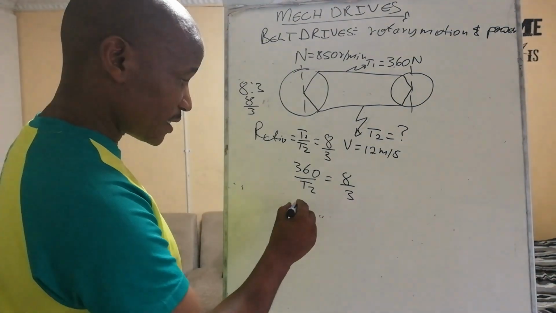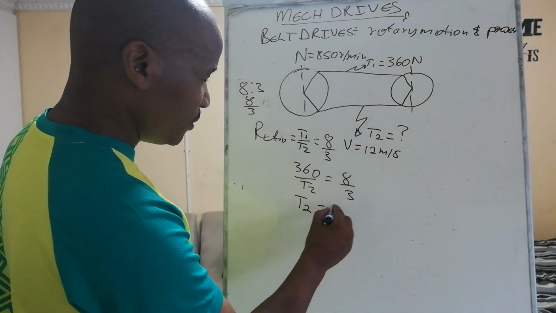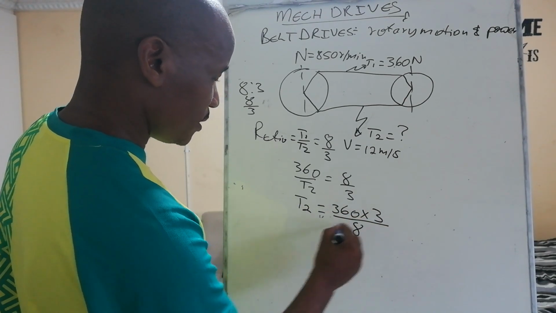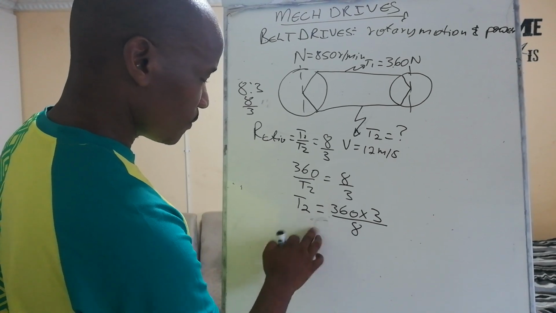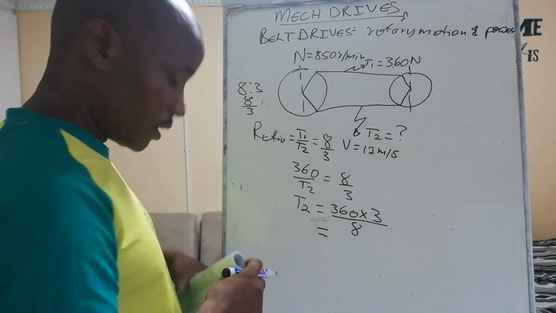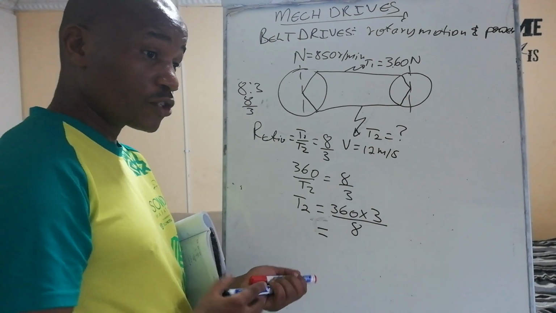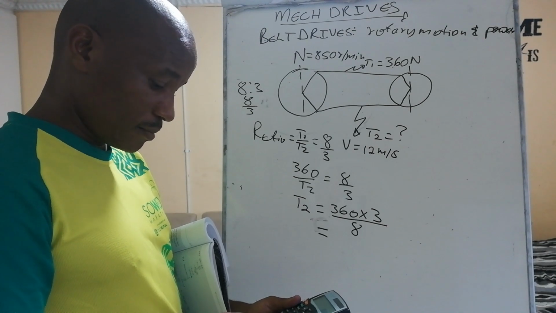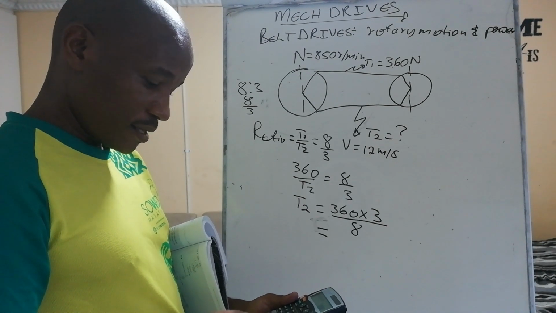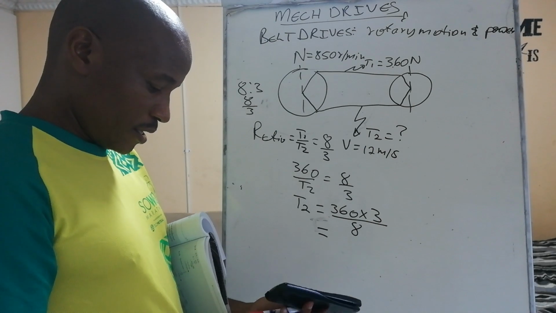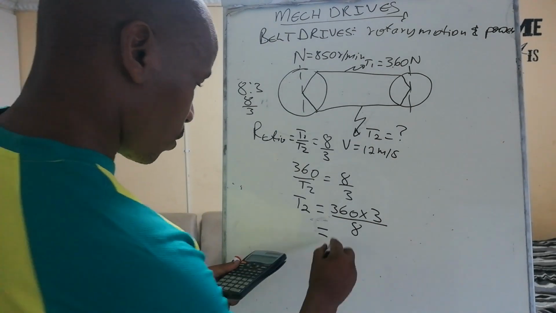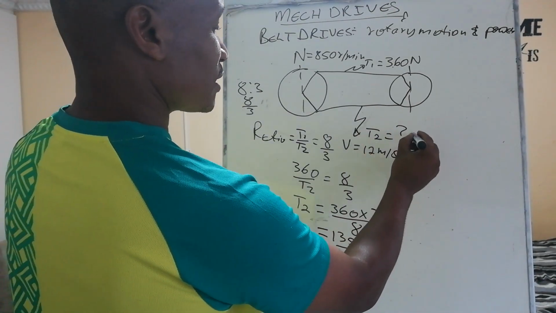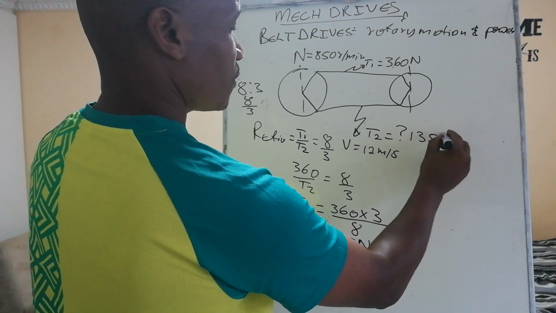Therefore, T2 will be 360 multiplied by 3 divided by 8, which on the calculator is 135 Newton. The tension on the slack side is 135 Newton.